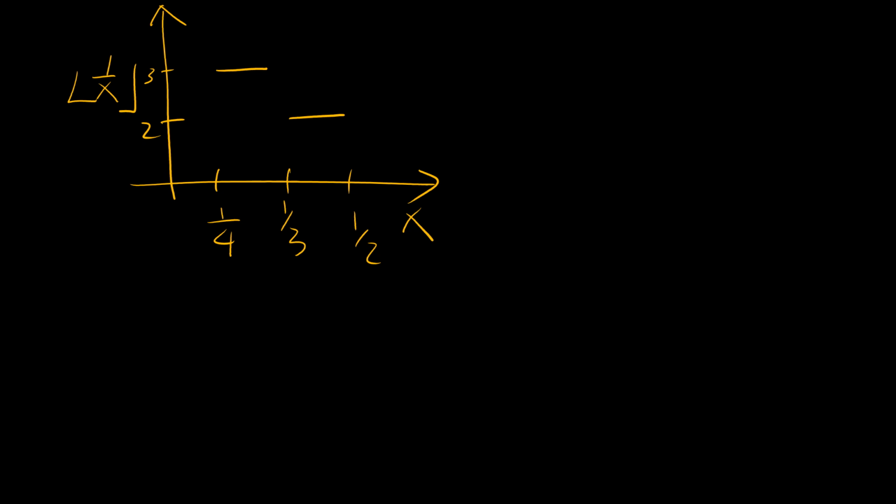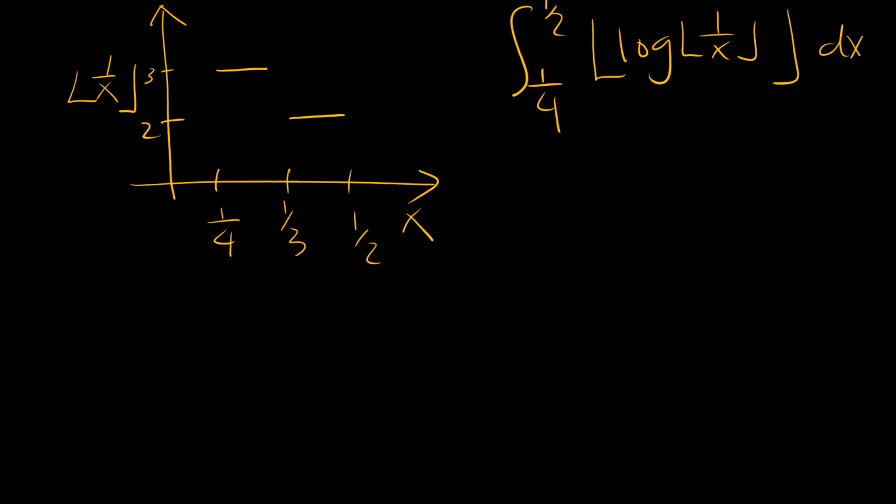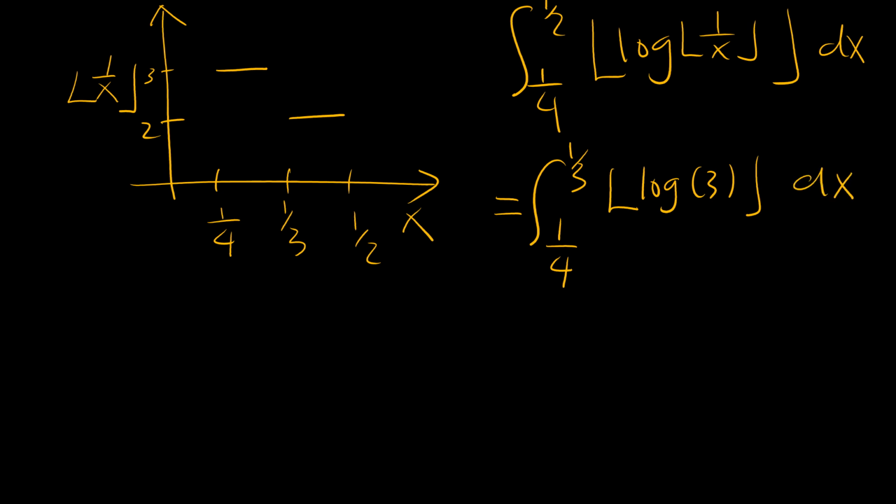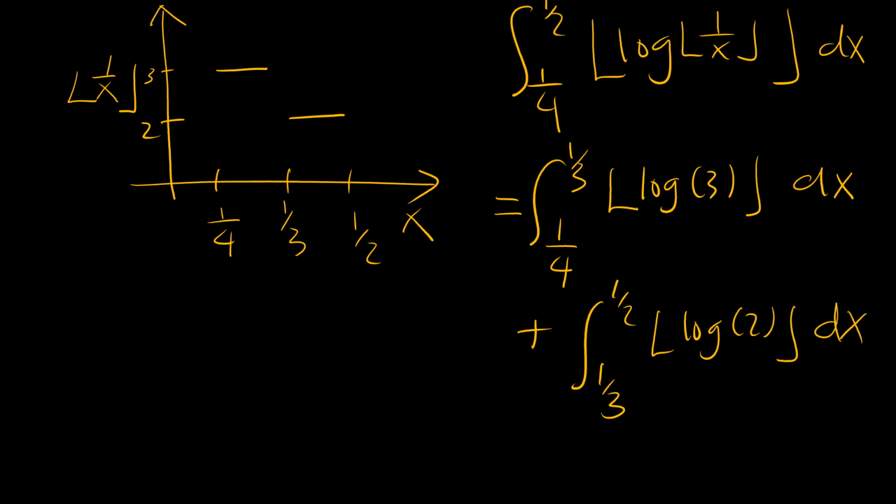we already have that, so it means that our integral from a quarter to a half of the floor function of the natural logarithm of that is equal to the integral from a quarter to a third of the floor function of the natural logarithm of 3, plus the integral from a third to a half of the floor function of the natural logarithm of 2, right?